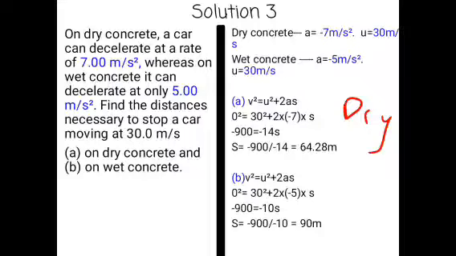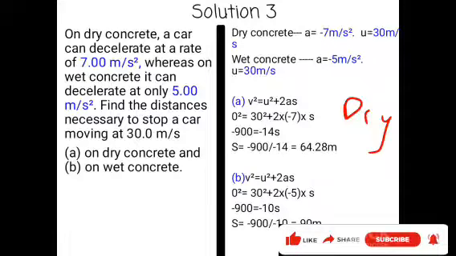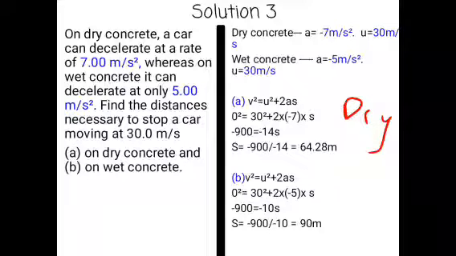So doing the necessary, 30 square is equal to 900, then taking 900 to the other side it will become minus 900 is equal to minus 14s. Then our s, the displacement, is minus 900 divided by minus 14 to give us 64.28 meters.